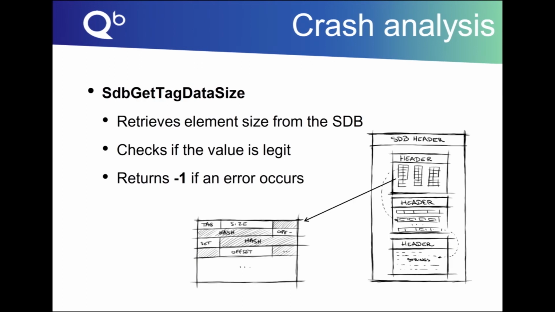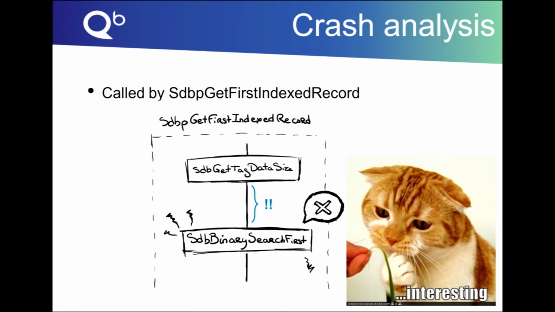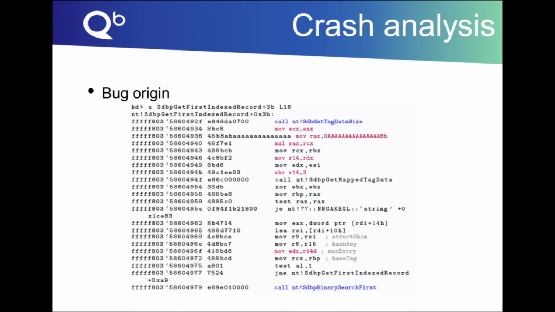And this function basically just retrieves a field in the SDB that we control, but checks if the value is valid or not. And if not, it returns -1. So there is no issue there. So the issue is, in fact, between the two functions. And it's because of these 5 lines of code, for time instruction, sorry.